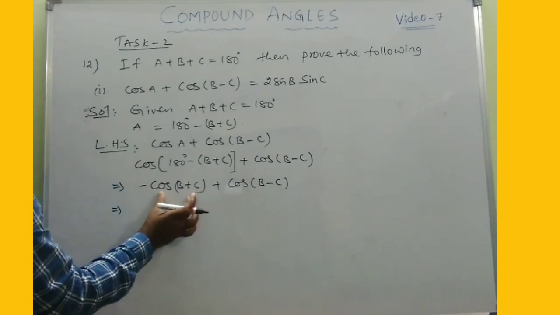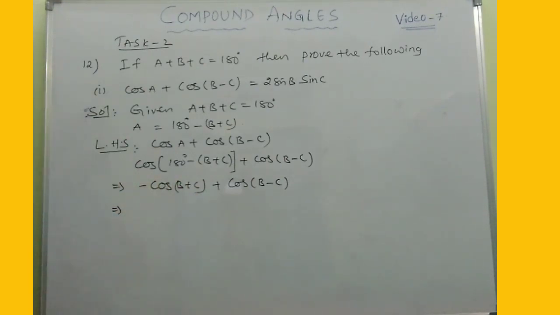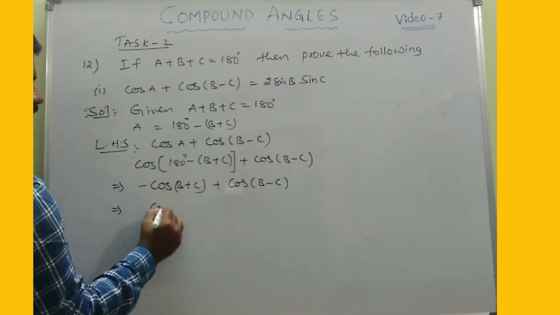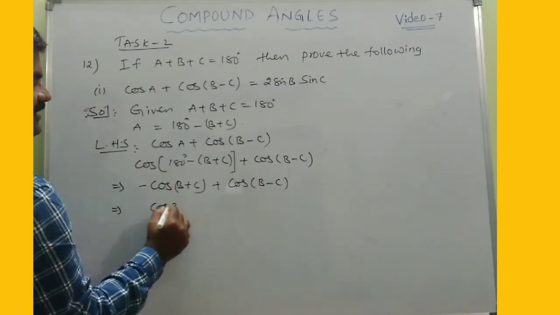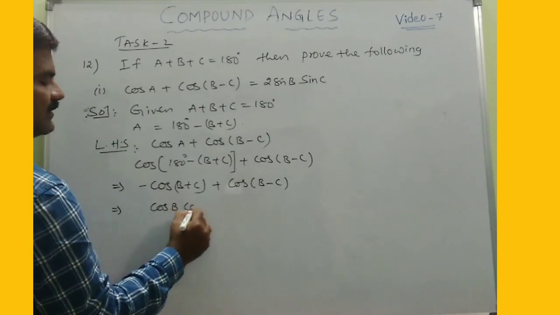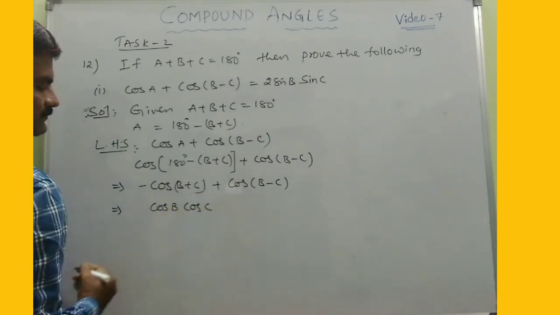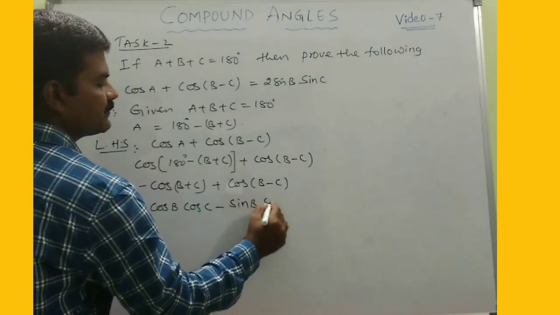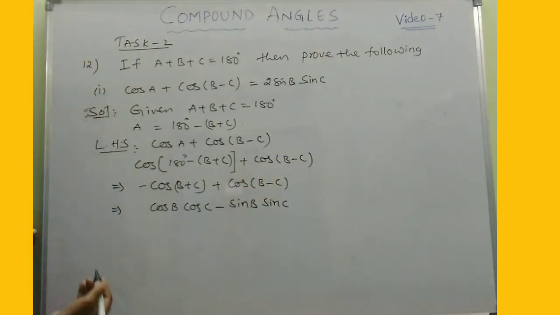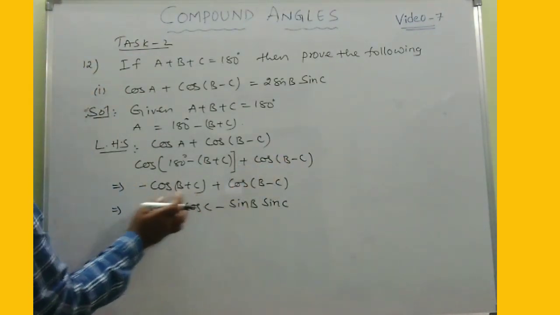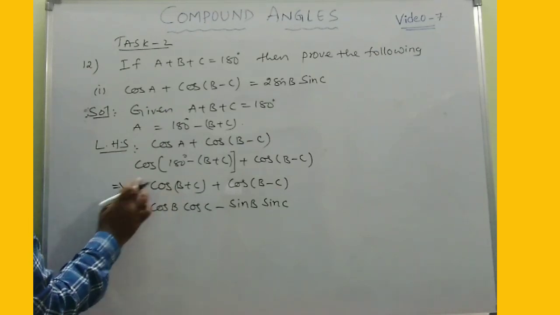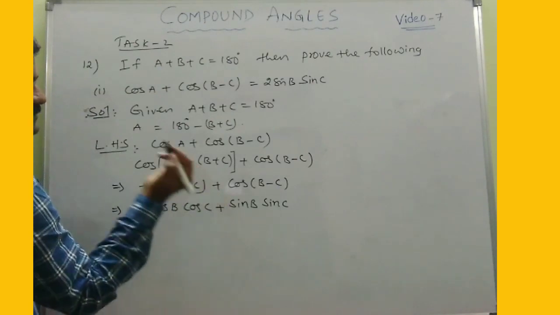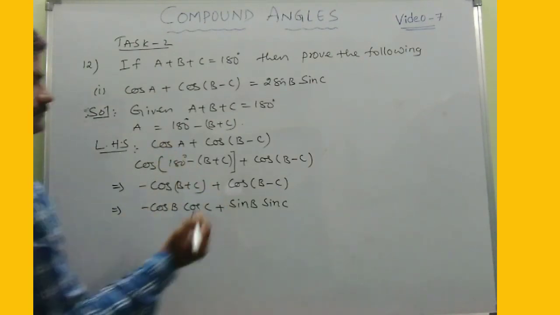So let us apply the formula of cos of (A plus B). This is just like A plus B, no? What is the formula? Cos B cos C minus sin B into sin C. But before this there is a minus, so when you multiply with minus, this becomes minus and this becomes a plus.